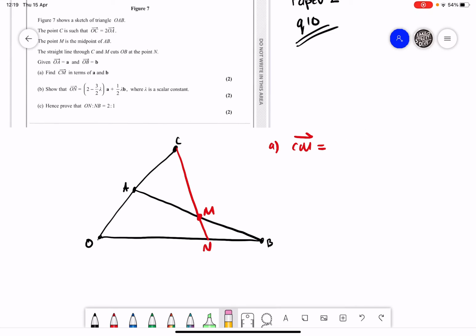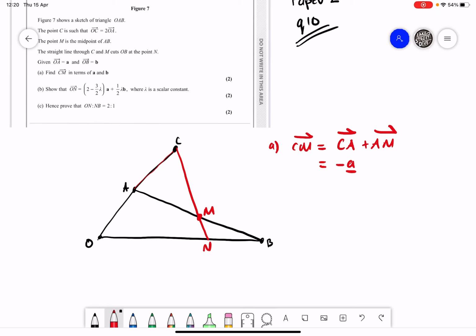We're going from C to A, plus AM. Right, we already know that CA is minus A. It's simply one step, simply going this part here.